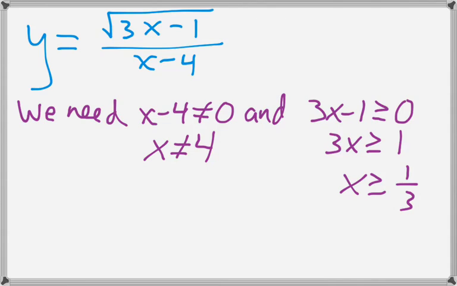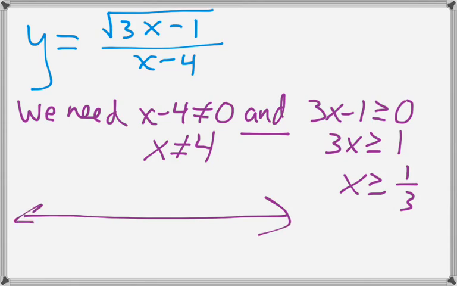So a lot of times it's helpful to graph the solutions. It's an and, so we can only include numbers that satisfy both of those statements. So first of all, the number has to be greater than or equal to 1/3. So we're not going to include anything less than 1/3. But we also can't use the number 4.